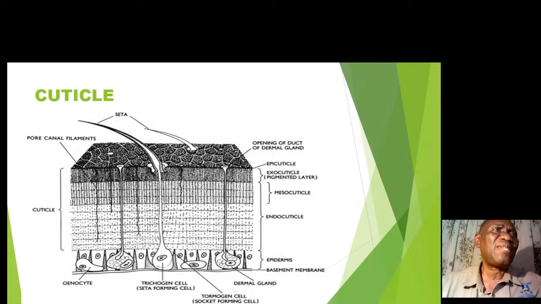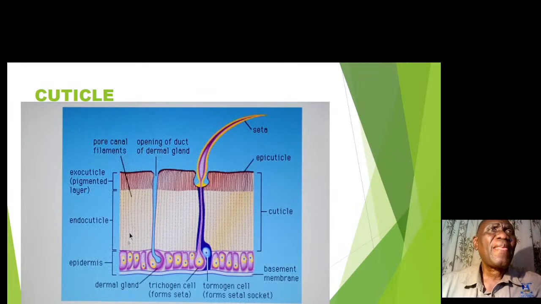So there's a protection area. So this is the epicuticle. This is the outer surface. Then you have got the whole layer of the cuticle, which can prevent pesticide entry into the insect.